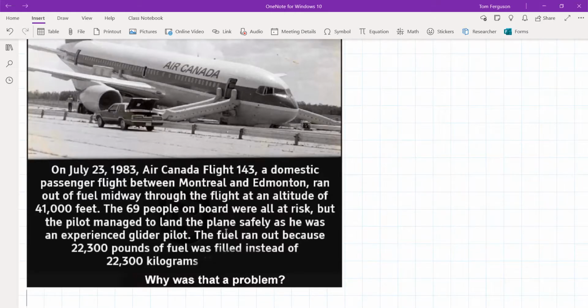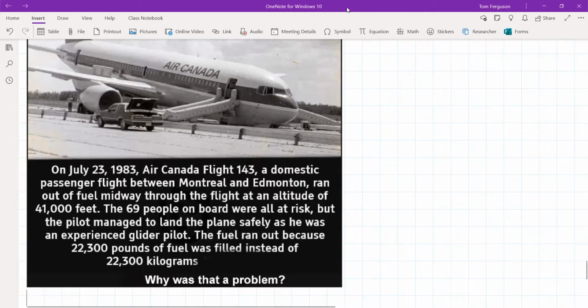The guidance for the ground crew was to fill the plane with 22,300 kilos of fuel. They put in 22,300 pounds of fuel instead. Why was that a problem? Well, how do pounds and kilos relate?